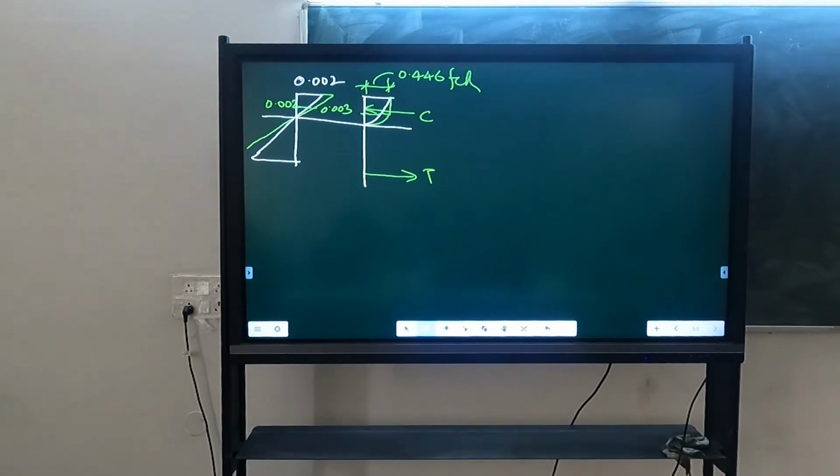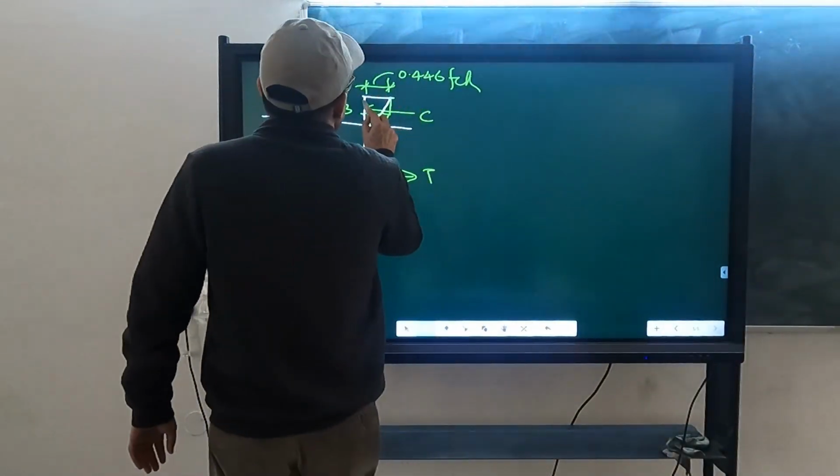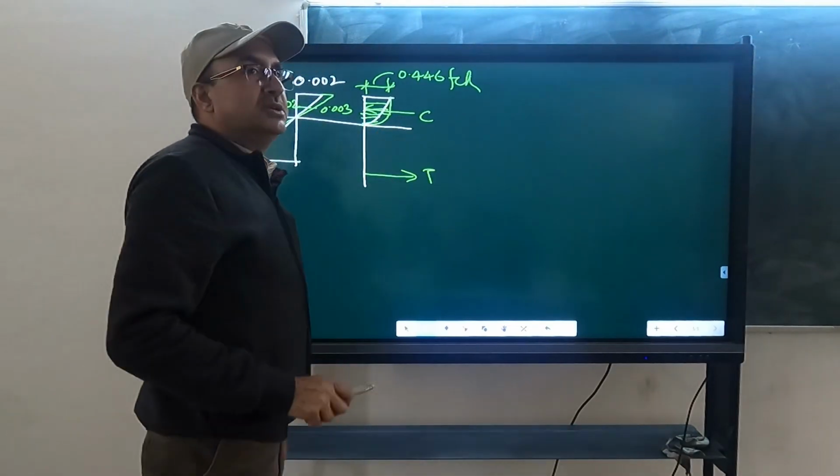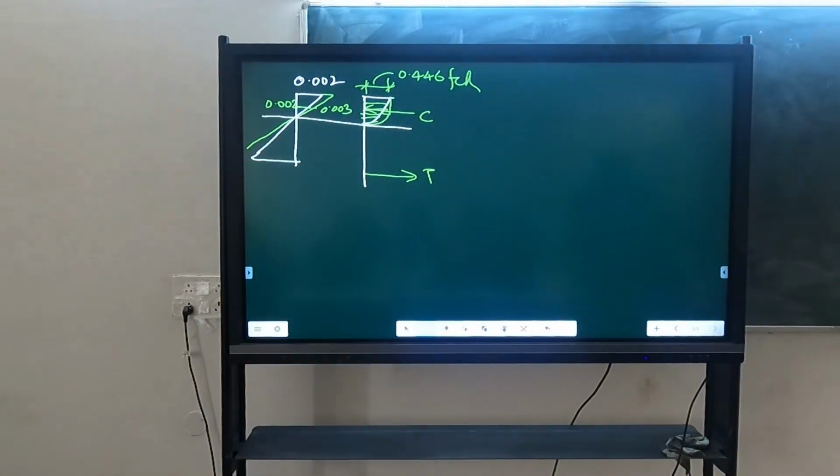Still the section has capacity to take more bending moment, because these fibers here are not strained to the full capacity. So there is still possibility to take higher moment. So there we can go up to higher strain.